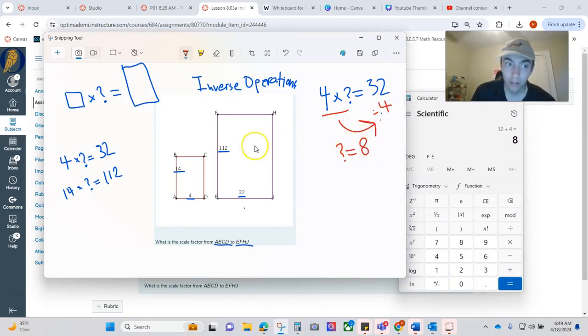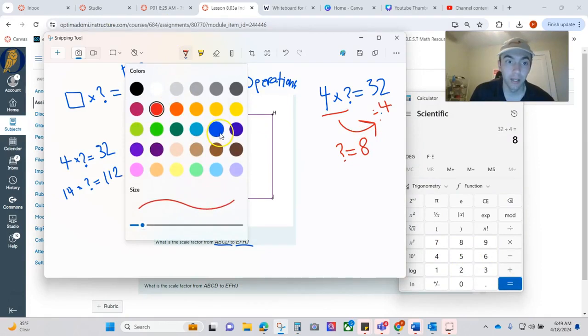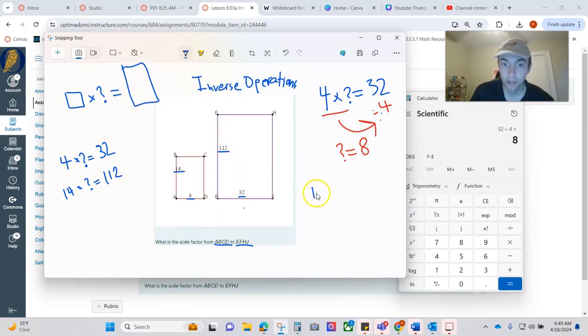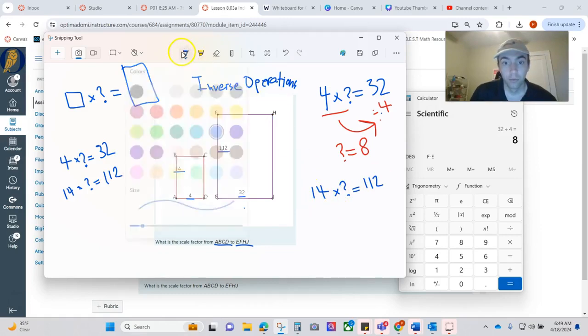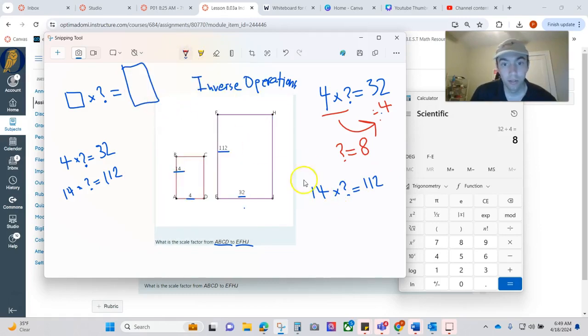That's what I think. But let's test it out with my other math sentence and see if I get the same scale factor, because I should. So 14 times something is 112. Do the opposite math to the opposite side.